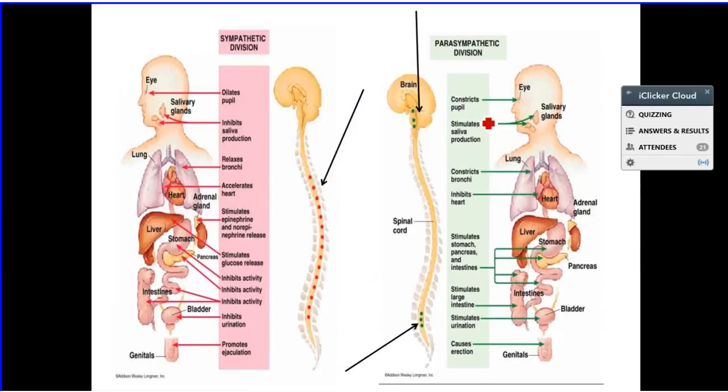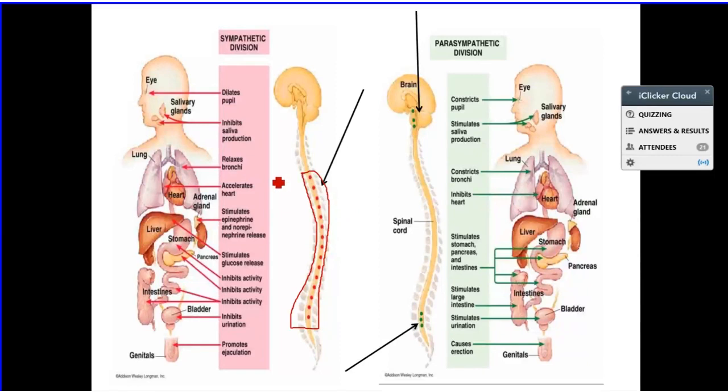Now we've done parasympathetic. The sympathetic division is going to be basically the opposite. What two terms are involved with sympathetic? Fight and flight. And with the sympathetic division, notice that these red dots right here are basically in the opposite places than the green dots.